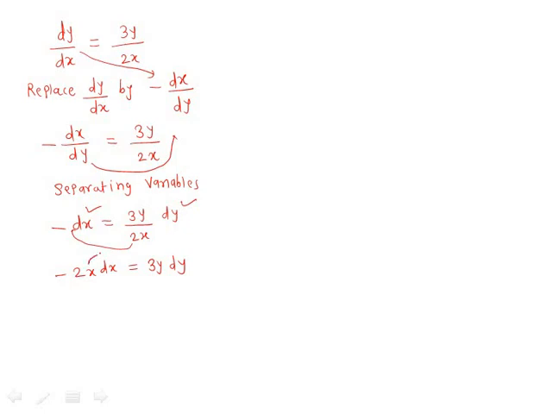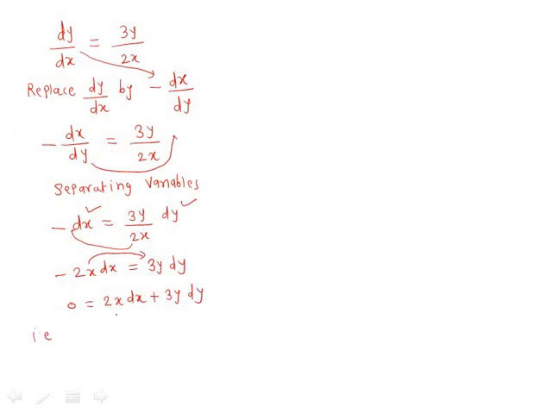We transfer this term to the right hand side. So this minus 2x dx will become plus 2x dx, as its sign is negative and it becomes positive when transferred, and the 3y dy is already there with the plus sign. So we write plus 3y dy.